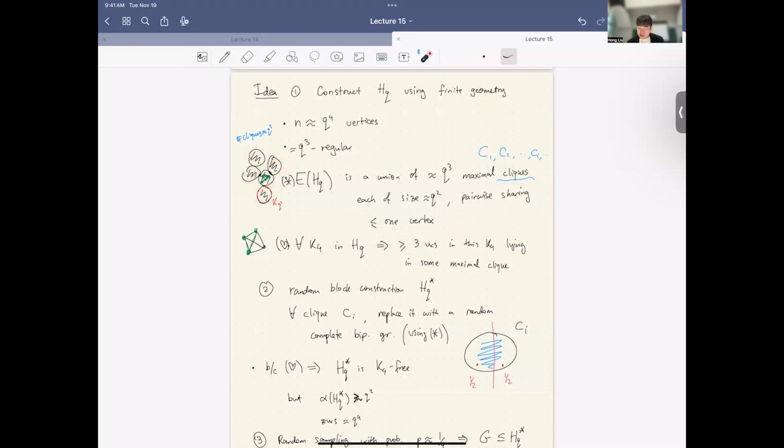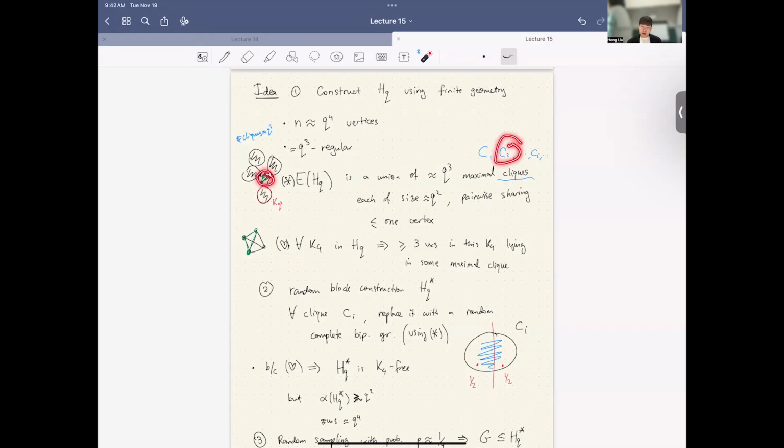The number of cliques is Q cube. Each clique is of size Q squared. Another important property is that if you ever have a K4 in this graph HQ, then at least 3 vertices of this K4 must lie in one same clique, one of these Ci.